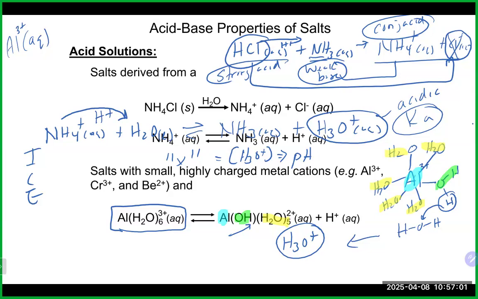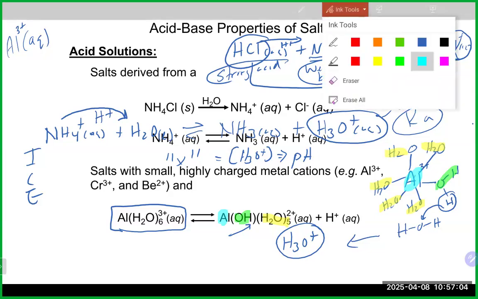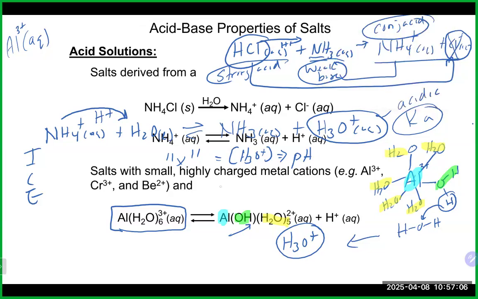And the overall charge does change because this guy had an overall charge of +3. We lost an H plus, which means when we lose an H plus, we become one more negative. So instead of +3, it now becomes +2 because OH is really OH minus, right? So +3 and -1 gives you a +2 overall charge.